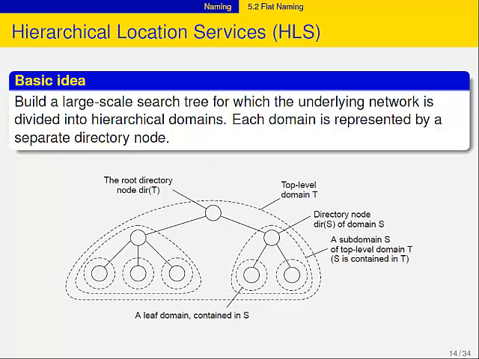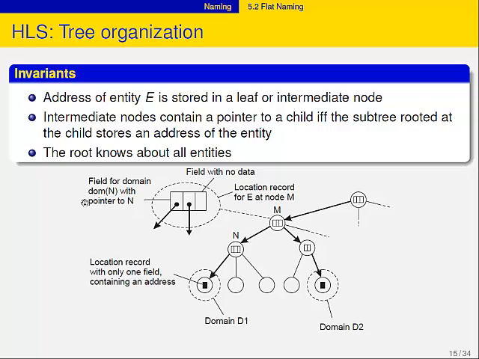Okay, but the mindset, if you take a geographical area, is the simplest. And then what you can do is the following. You take the address of this entity E, file or mobile agent, and you store it in a leaf node or an intermediate node. The intermediate nodes contain a pointer. You're in the root, and let's assume one contact address, and the root says, no, take the left branch.